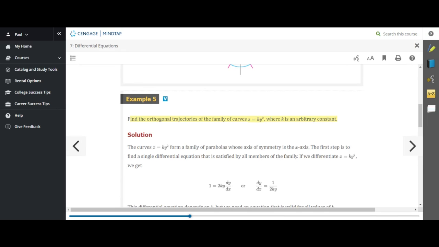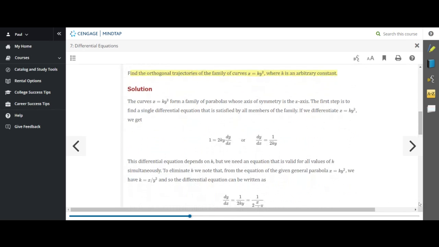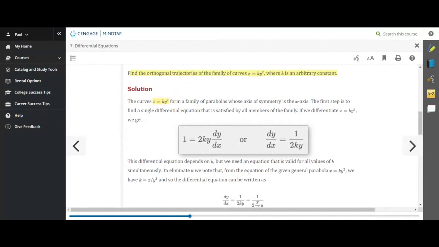So what we're going to do is, we need to get a differential equation involved here, right? So we're going to take x equals ky squared, and we're going to differentiate it. What type of differentiation is being done here? You start off with x equals k times y squared, and then, actually, hold on, let me go to the whiteboard. One moment.